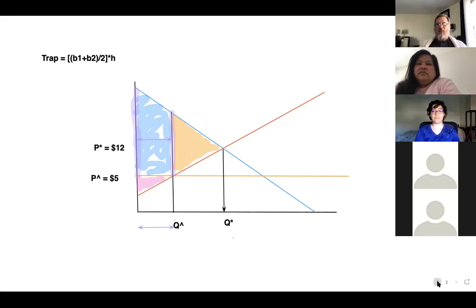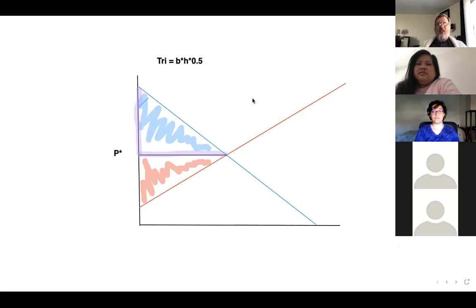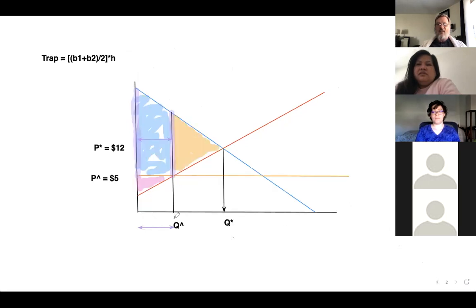And again, if we compare that to the regular market equilibrium, then we can see that the area of deadweight loss corresponds to a portion of the consumer and producer surplus that's lost because the price ceiling causes the suppliers to supply less than they normally would.